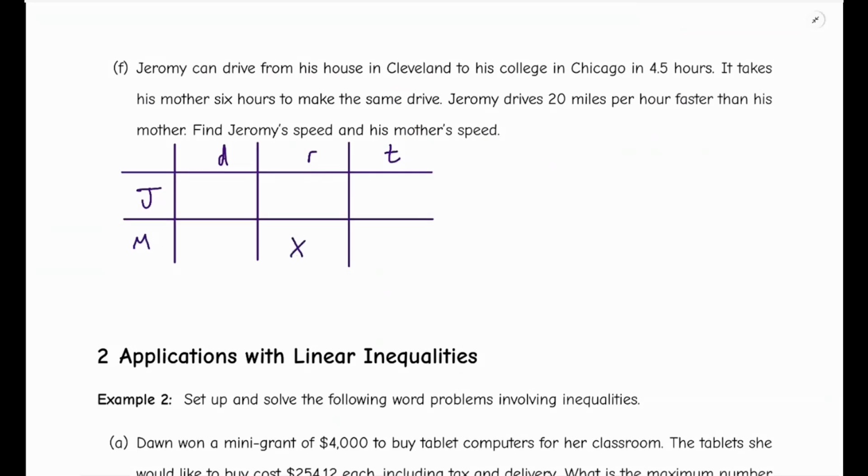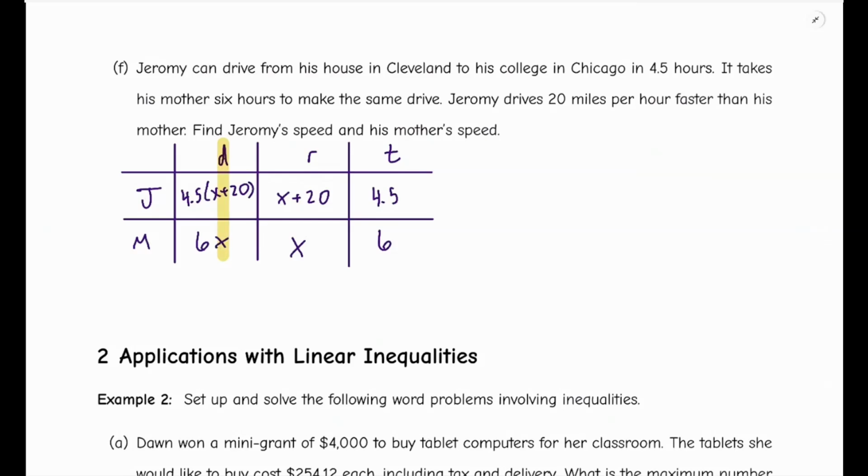Don't know how fast the mom drives, so I'll put X. But I know Jeremy goes 20 miles an hour faster, so X plus 20. Jeremy can make it in 4.5 hours, and his mom can make it in 6 hours. Again, we're left with one blank column. We use the formula to fill it in. So we get 4.5 times X plus 20. And then we get 6 times X.